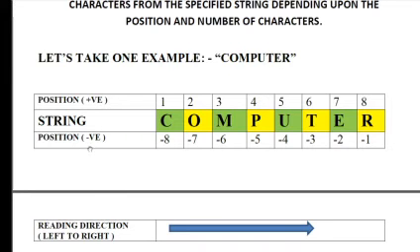Or using negative positioning, minus 1 means the letter R, minus 2 means letter E. This way the first letter C is represented using minus 8. So it is up to you, it depends upon the requirement.